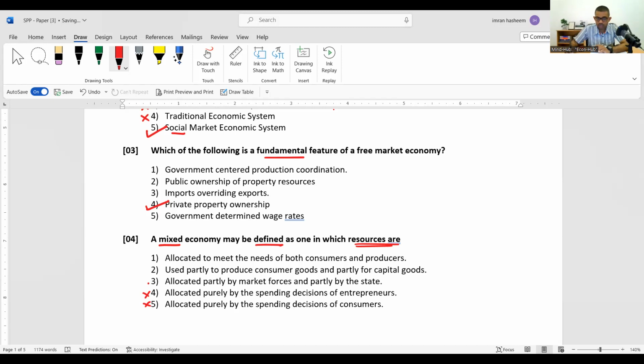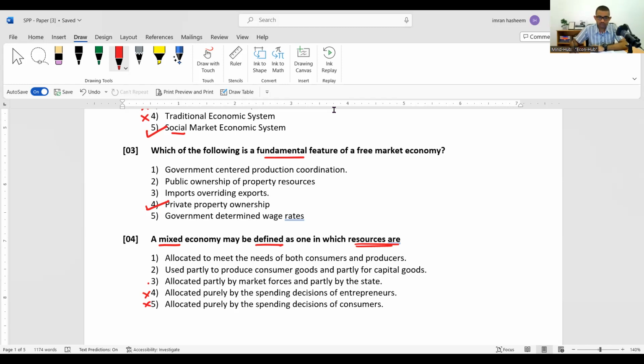Used partly to produce consumer goods, partly to produce capital goods. We can't say that is a feature only of a mixed economy, since it's the case even in a command economy or a market economy. The question to be asked is who decides whether it's consumer goods or capital goods. In any economic system, both of those types of goods will be produced. So a mixed economy cannot be defined purely based on that point.